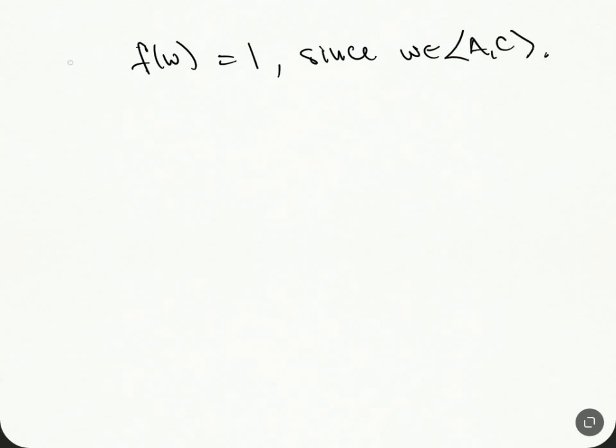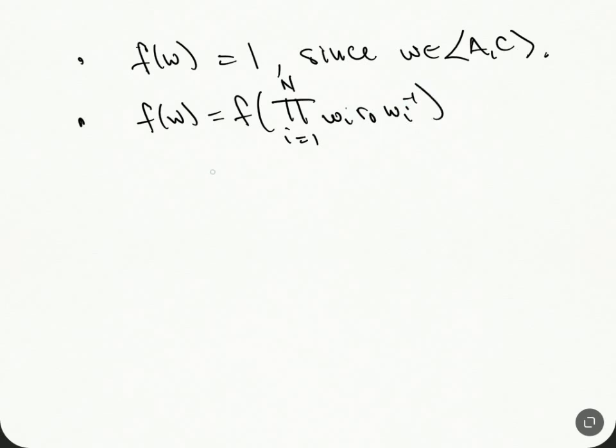On the other hand, we have f of w. We wrote down what a general element of R looks like, the product from i = 1 up to n of w_i R_0 w_i inverse.